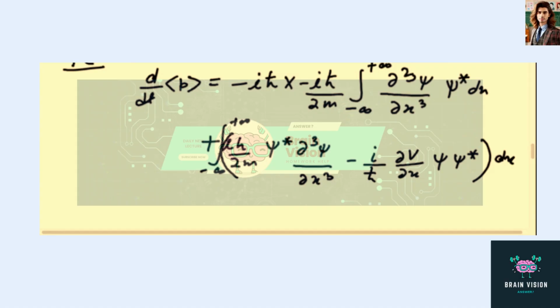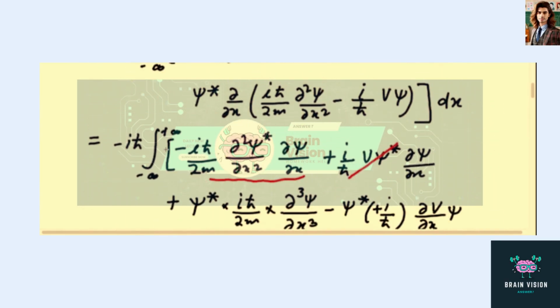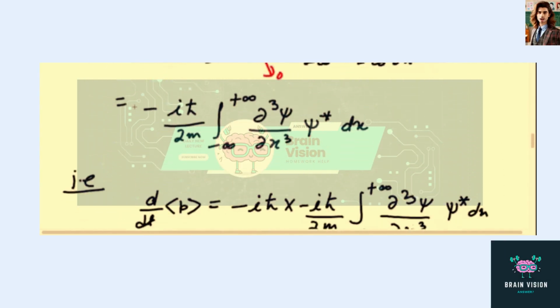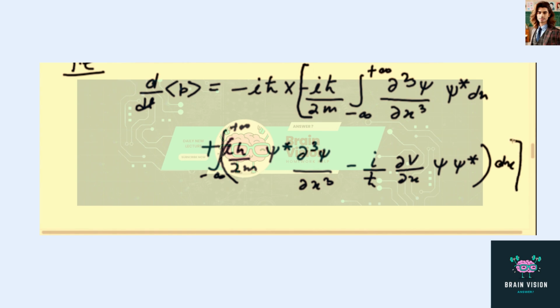From here, let me check this iħ. Yeah, this minus iħ is outside the integration. Then it will be from here to here. So here you can see that this value is negative, this value is positive, hence this is cancelled.